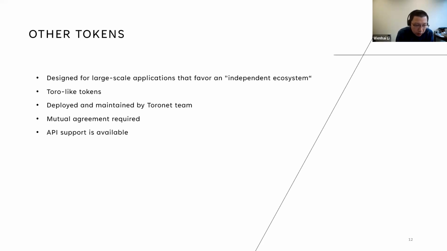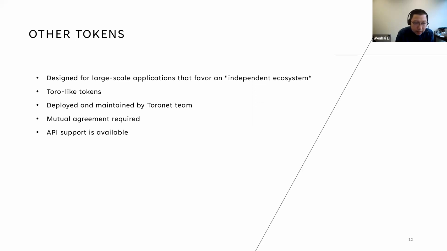Currently on the Toronet, besides Toro, we also have some other tokens, for example SPs. The reason we do this is that for some large-scale applications, some developers may want to be standalone, with their own independent ecosystem. They say, I want my application to use a token different from other applications.